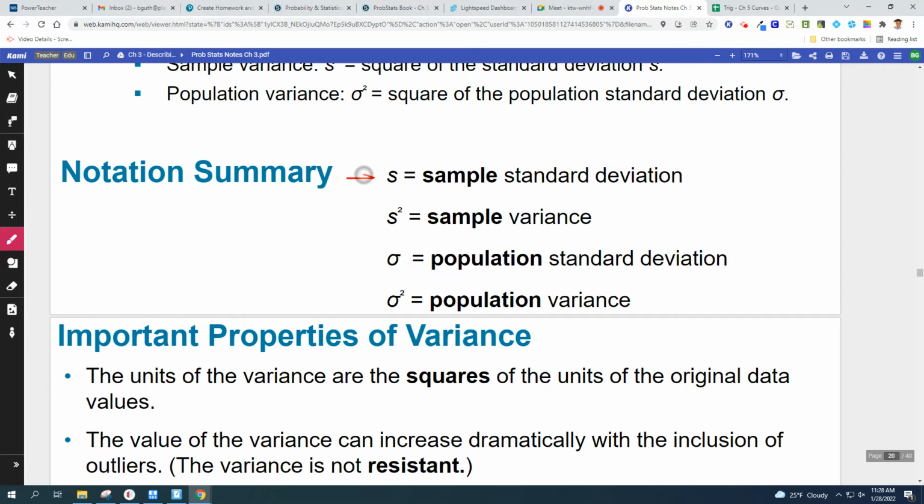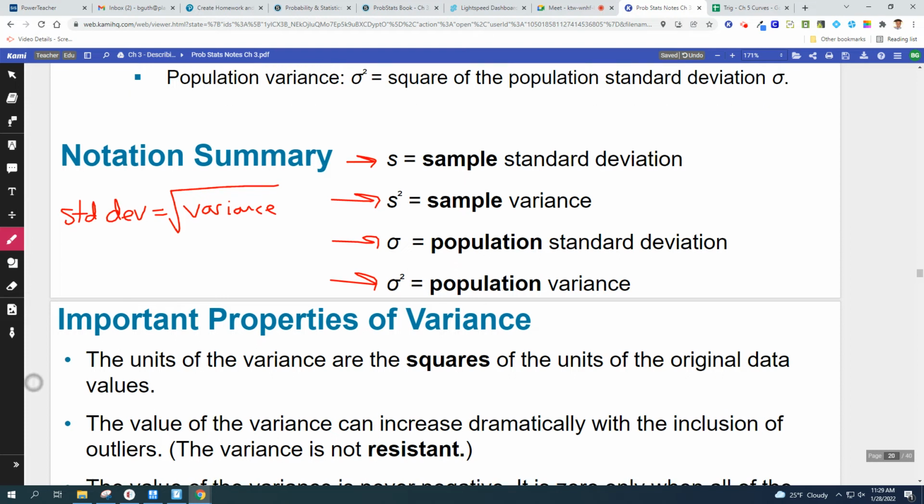That's sample standard deviation, that's population standard deviation. That's sample variance, that's population variance. But one thing that is consistent, standard deviation, whether it's s or sigma, is the square root of the variance.